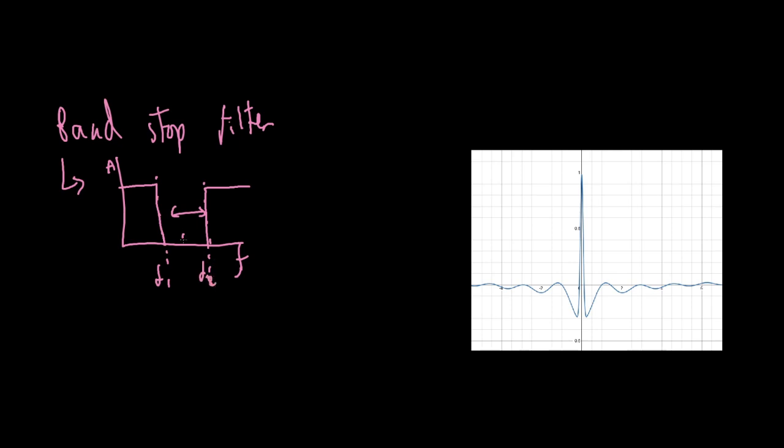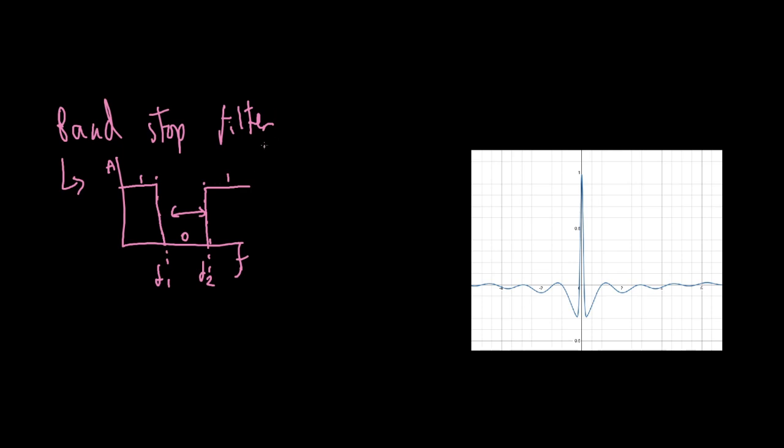So ideally they should be 0. And anything other than in between F1 and F2 should be 1. Yep, F2. So yeah, that's the ideal band stop filter. Everything between F1 and F2 is 0. Everything away from that, not in that range, is 1.